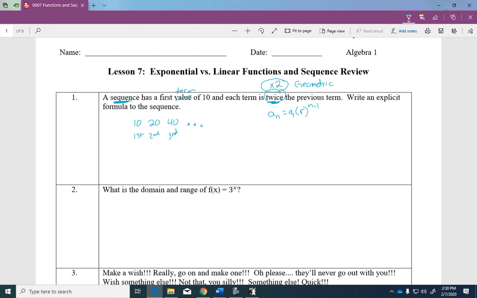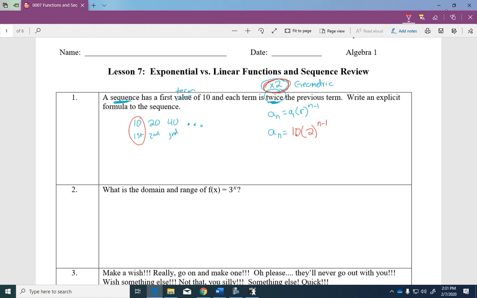I might as well just use this formula that's given to me on my Regents exam. So a sub n equals the first term of this sequence, 10. We determined the common ratio to be 2 because we keep on multiplying by 2, and we raise it to the n minus 1. We're done.